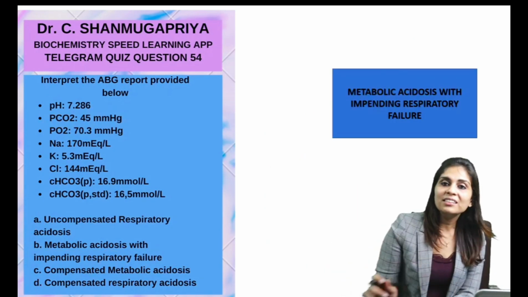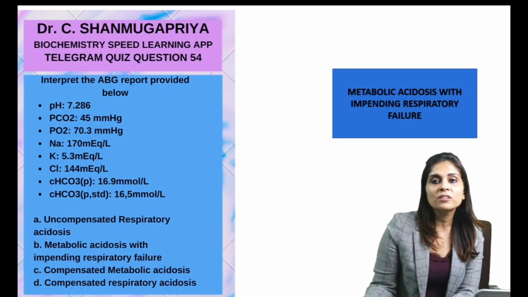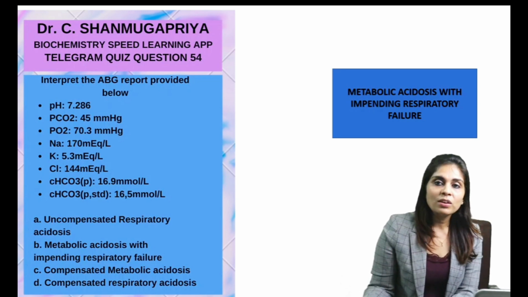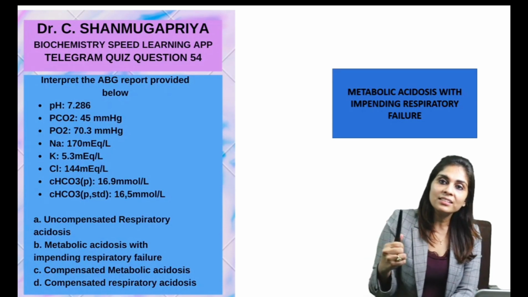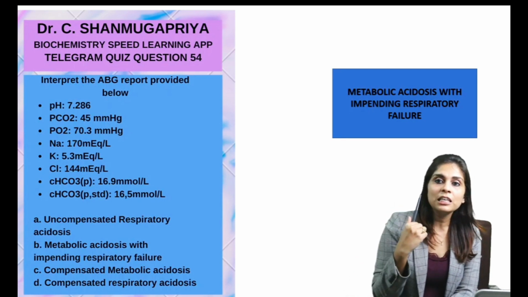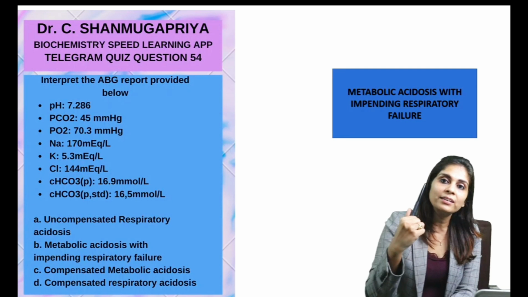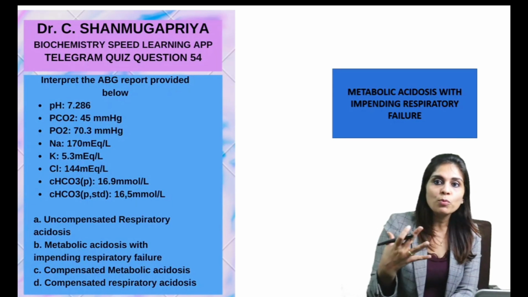Now, do you think that's possible? Do you think metabolic acidosis with impending respiratory failure is possible? Yes. Because in metabolic acidosis, the hydrogen ion that accumulates in the blood will be reflected in the CSF. And the rise of H plus in CSF would stimulate central chemoreceptors and the respiratory center will be stimulated and the person would hyperventilate, Kussmaul's breathing.